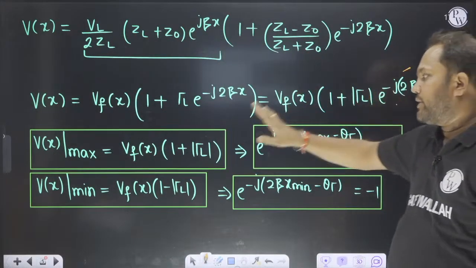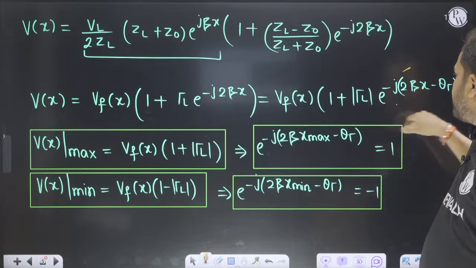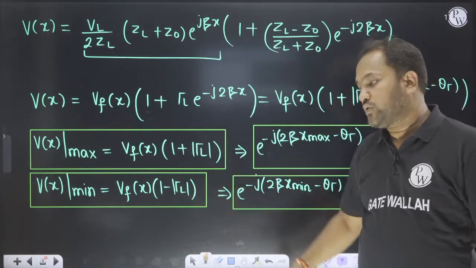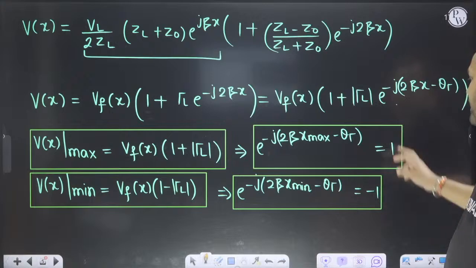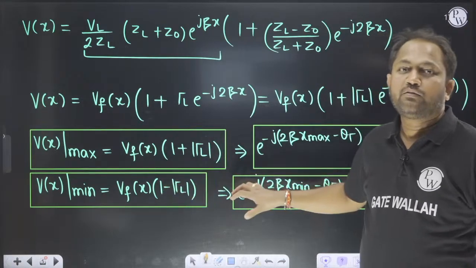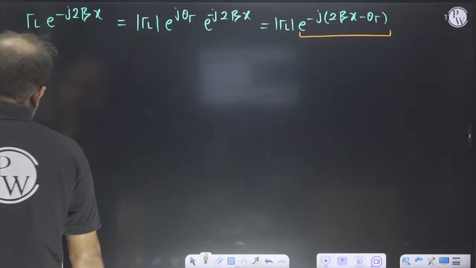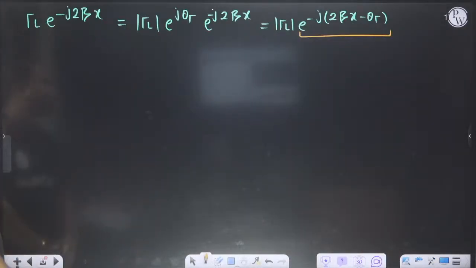So if it is plus 1, it will be magnitude of 1 plus gamma_L, and if this value is minus 1, it will be magnitude of 1 minus gamma_L. So this one is the maximum value, this one is the minimum value. So we got the maximum and minimum values.